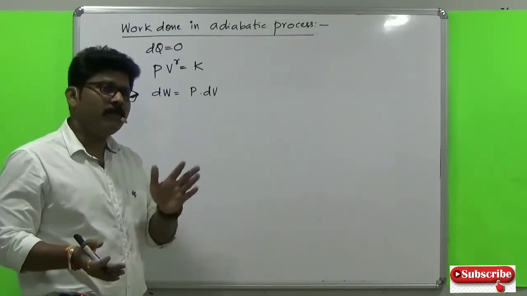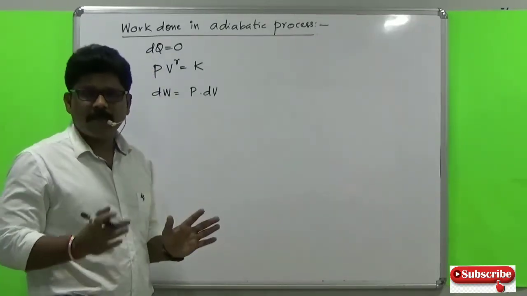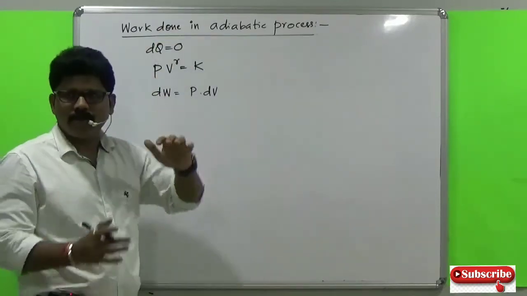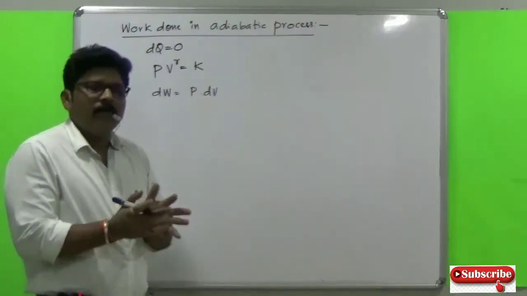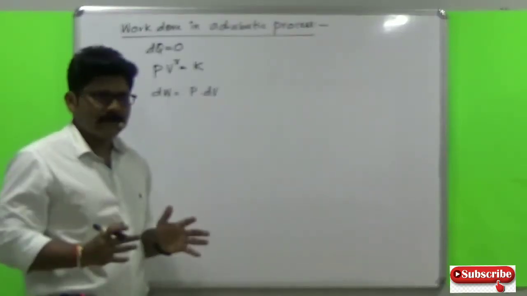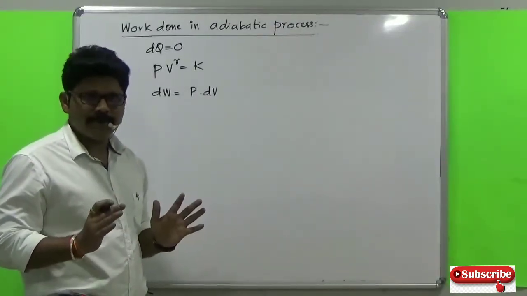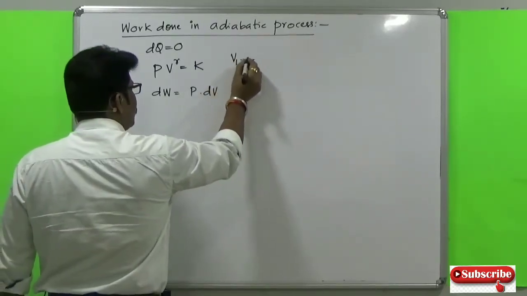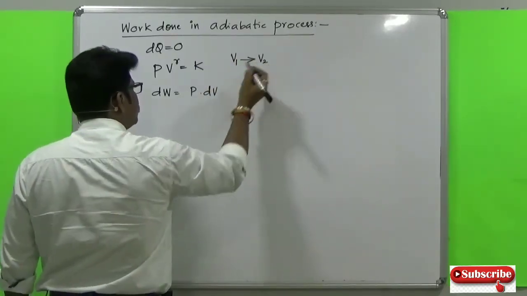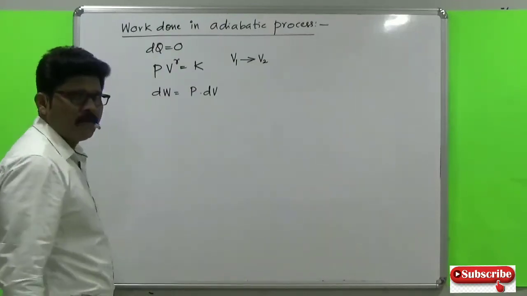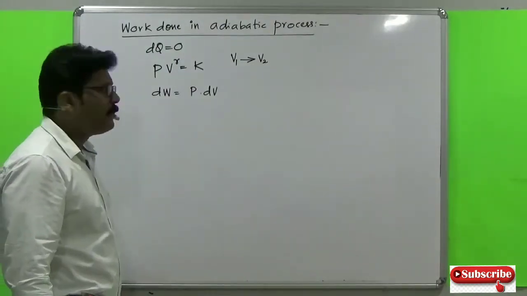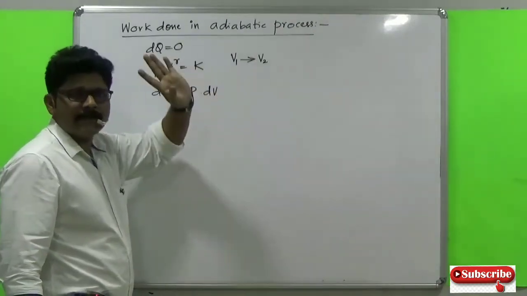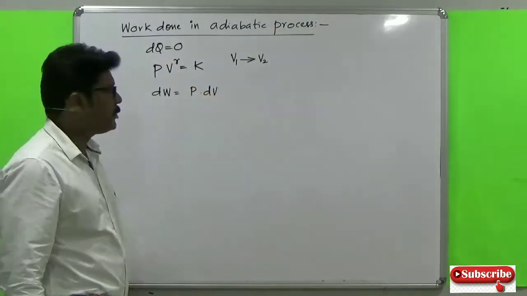Work done by the gas means the volume will increase from V1 to V2, same as in the isothermal process. Let us take the volume changing from V1 to V2.